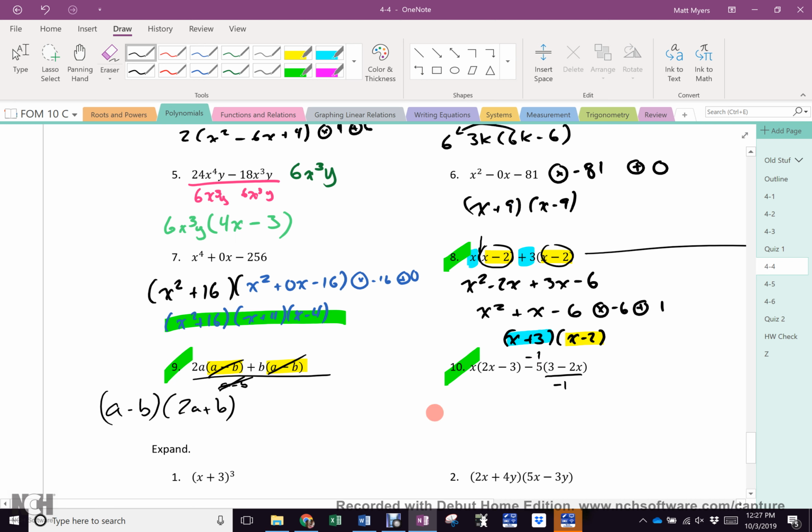Positive 5. So now I have x, 2x minus 3, plus 5, and what's 3 divided by negative 1? Negative 3. What's negative 2 divided by negative 1? Positive 2. Now, what do you see?